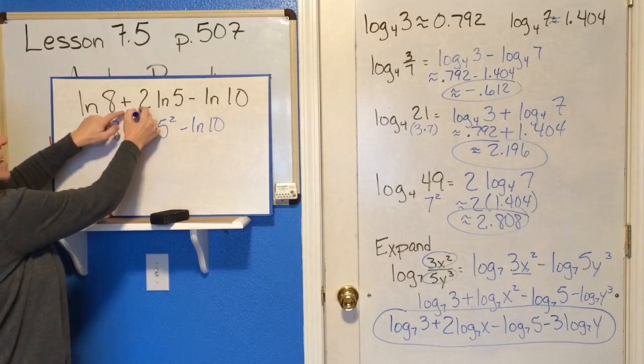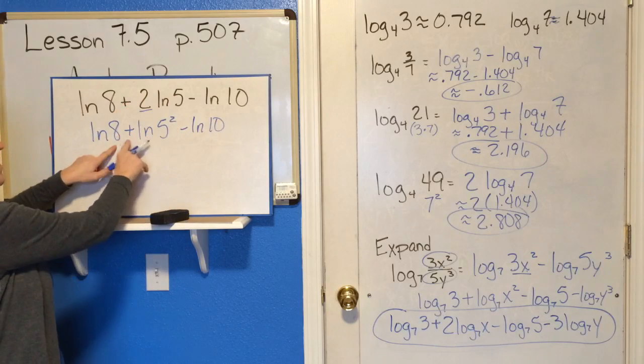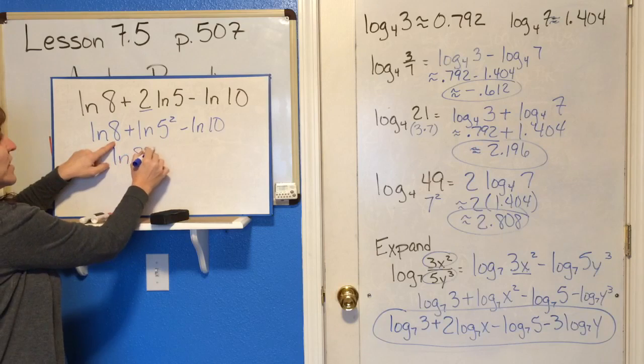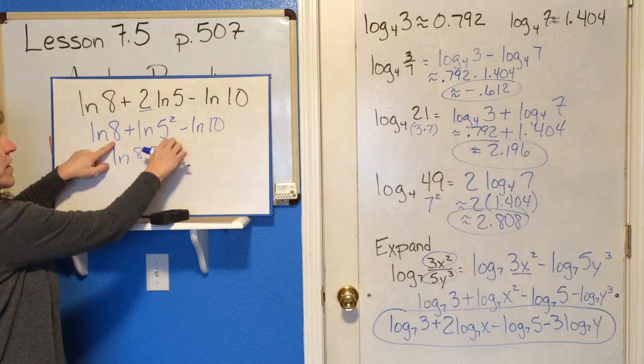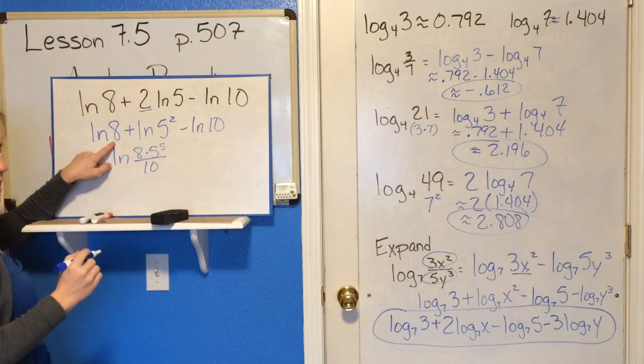Because this is the exponent, so it's 5 squared. Now, these are added, and so they're multiplied. So 8 times 5 squared. And this is subtracted, so it becomes divided by 10.